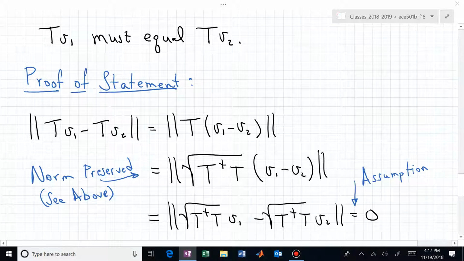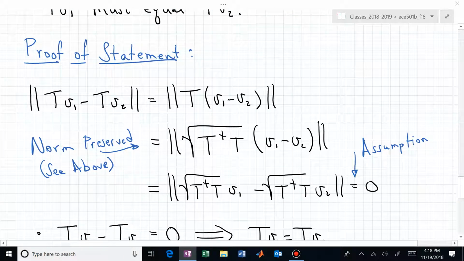That's just additivity, so that one you can believe. We just showed that T and the square root of T dagger T preserve norm, so we can get the next row. That's our norm-preserving expression, and I say see above.